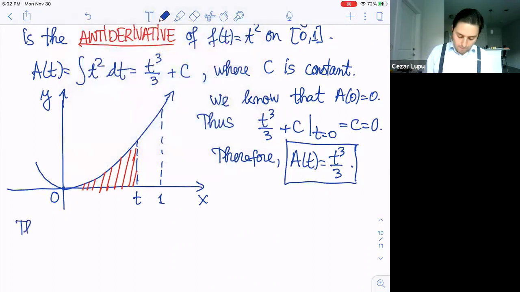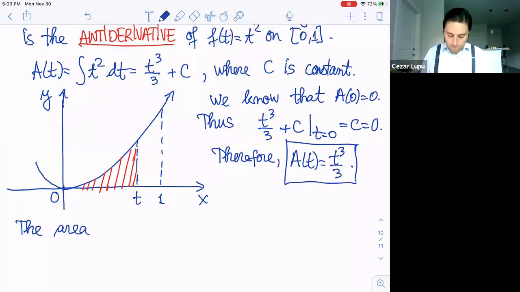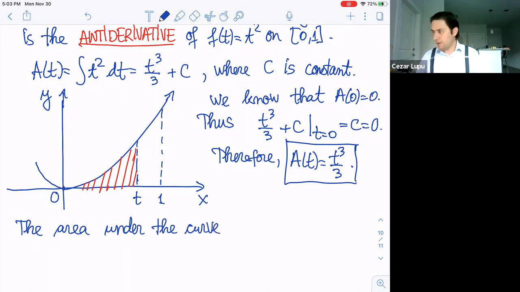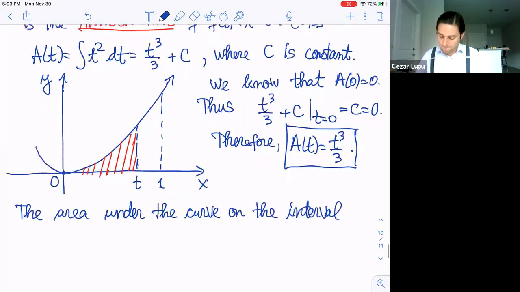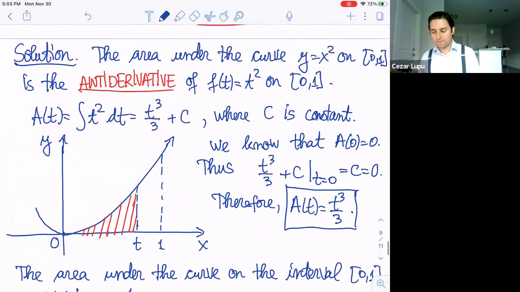The area under the curve on the interval 0, 1 is A of t evaluated at t equals 1, which, if you plug it in, is nothing else than just 1/3. And we're done. And that's the problem.